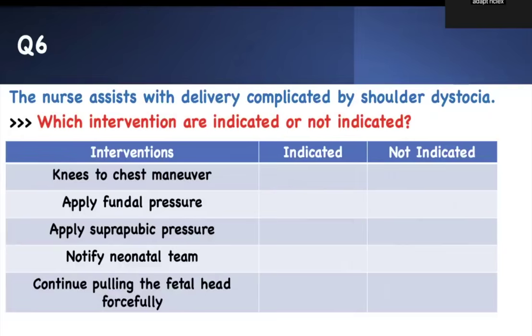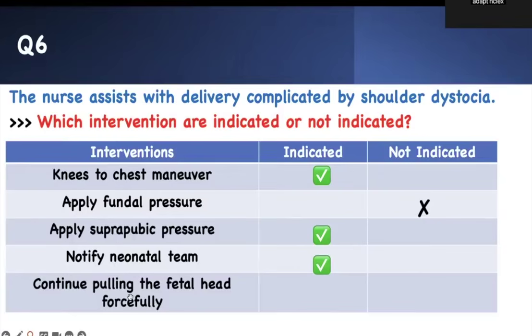Shoulder dystocia. What do you do? Of course, McRoberts maneuver, knee to chest position. You should not apply fundal pressure because that's a trap, but you should apply suprapubic pressure. And the baby may need to be resuscitated.